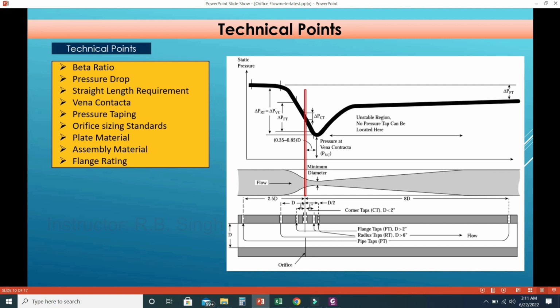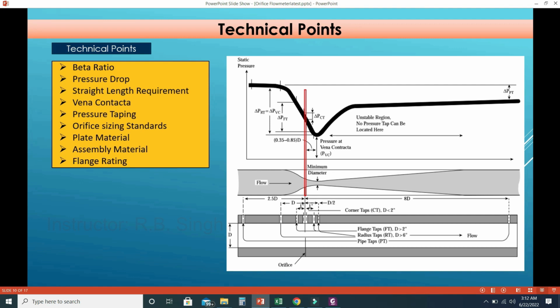Pressure tappings. What is pressure tapping? There is a high pressure tapping and a low pressure tapping. It is the connection of the process media which takes the fluid pressure to the transmitter, so that the transmitter can measure the differential pressure.